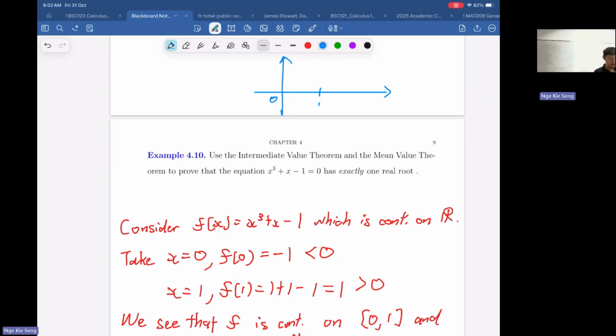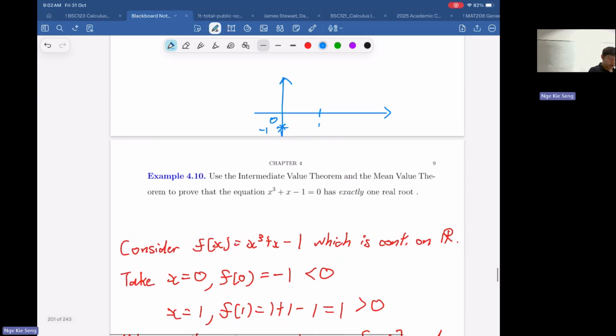So when x equals 0, f(0) is minus 1, and when x equals 1, f(1) is 1. Seeing it is continuous, they must have some point that passes through y equals 0.